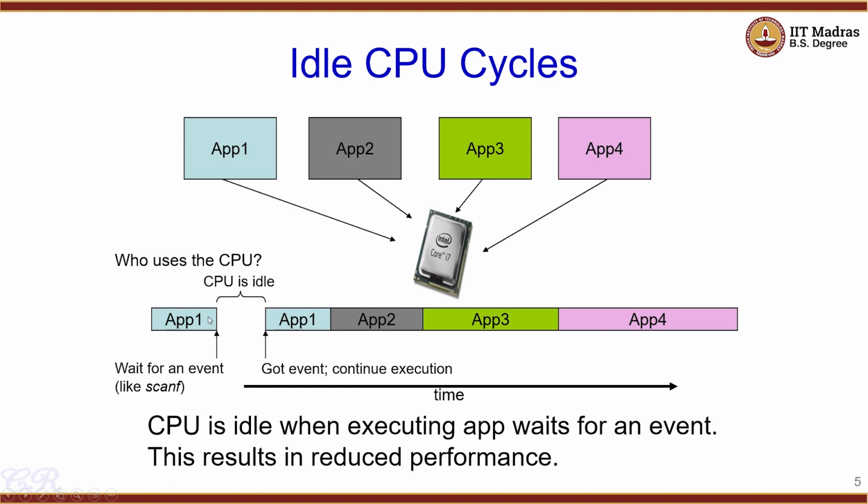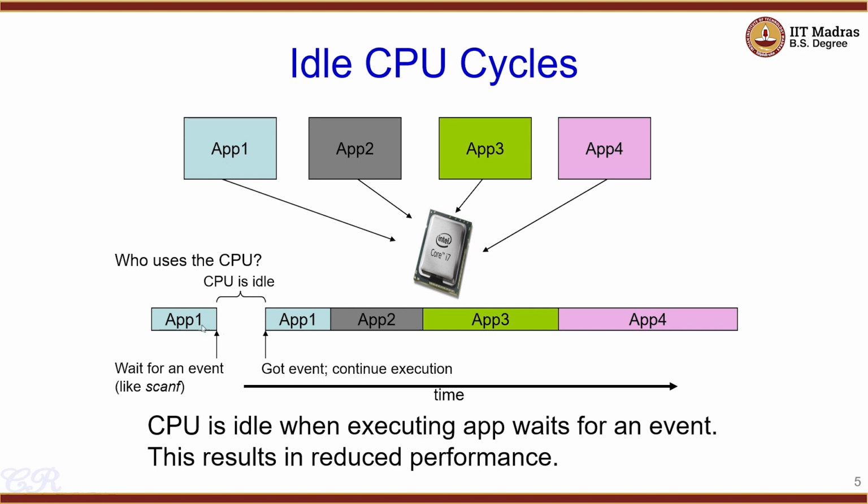During this period, from when the scanf function was invoked, that is, when the computer started waiting for the event to occur, to when it got the event, the CPU is idle. So now you see that there is a problem.